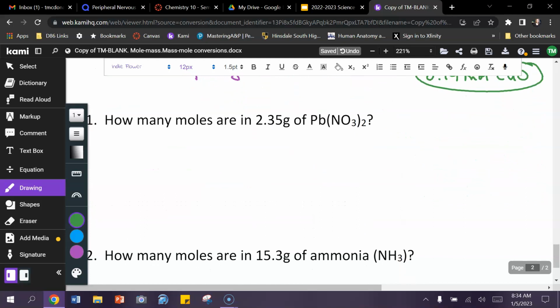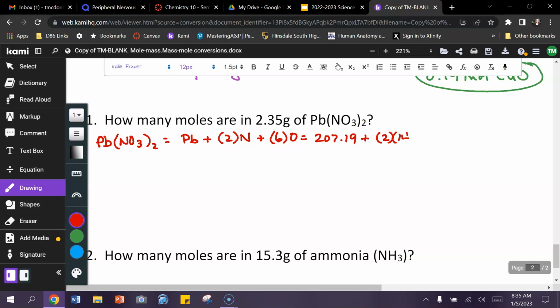All right, our next problem, how many moles are in 2.35 grams of lead nitrate? Find the molar mass of lead nitrate first. So Pb(NO3)2 is equal to lead plus 2 nitrogen plus 6 oxygen. And when we add this up, we get 207.19 plus 2 times 14.01 plus 6 times 16.